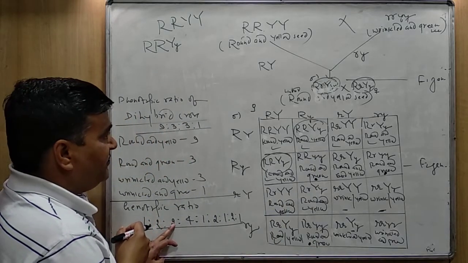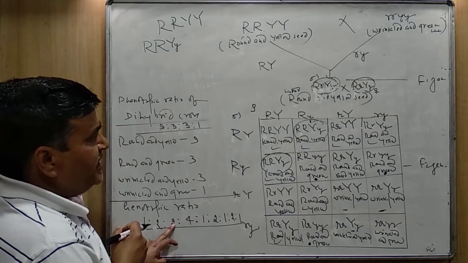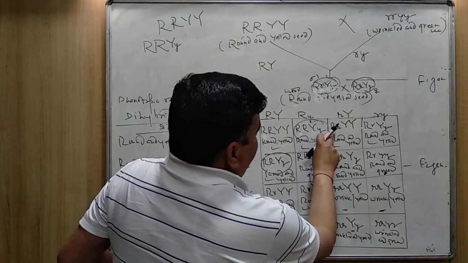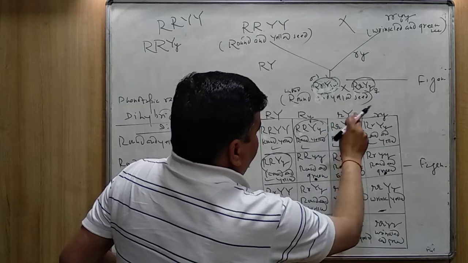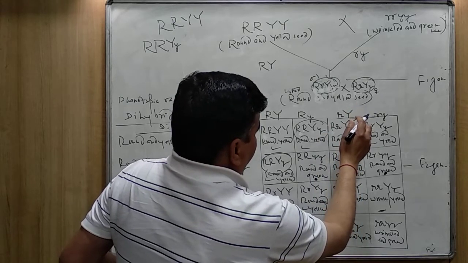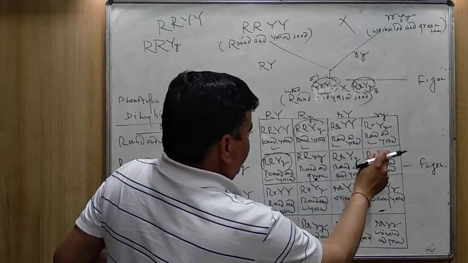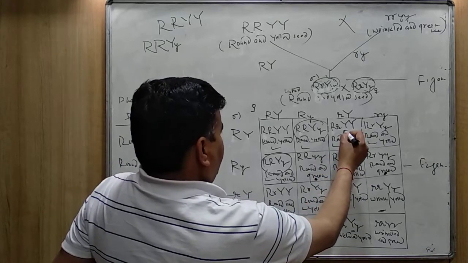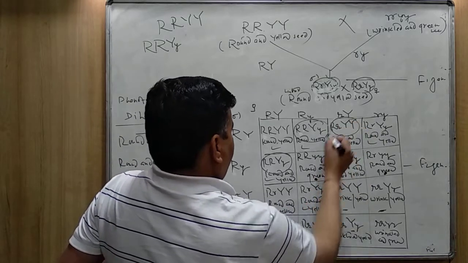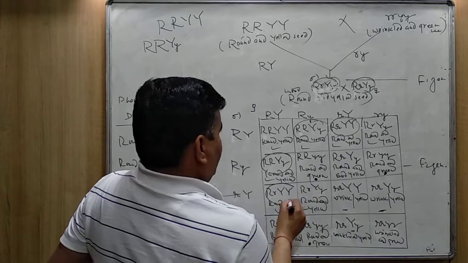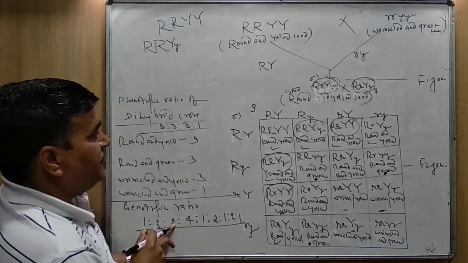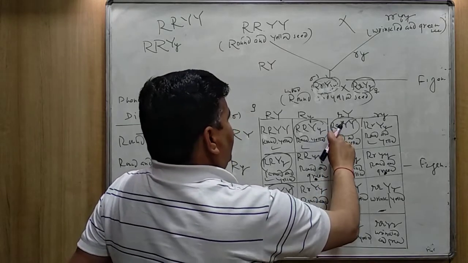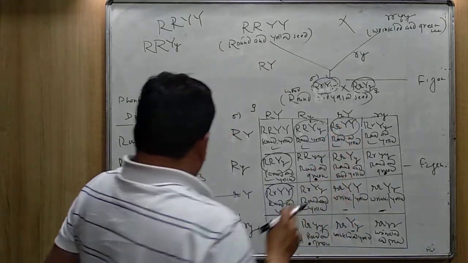Now the third, this one round and yellow. 2, this one hybrid round and pure yellow. Again you will find it at two places, this genotype here and here. Hybrid round and pure yellow.